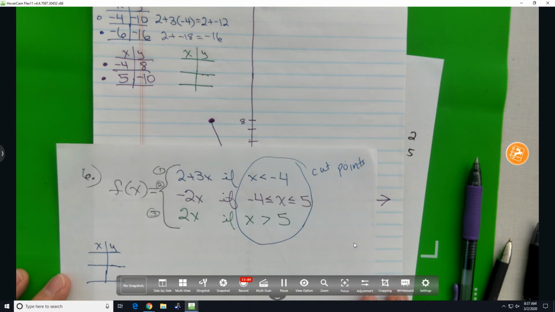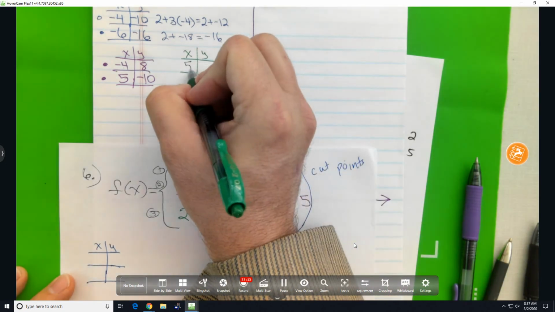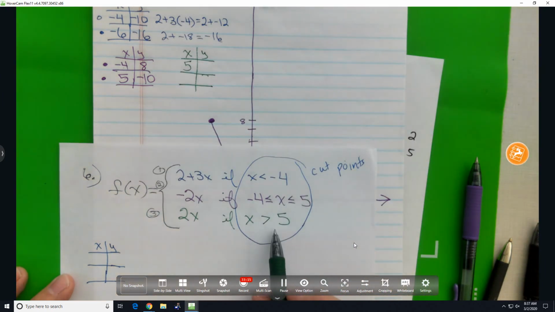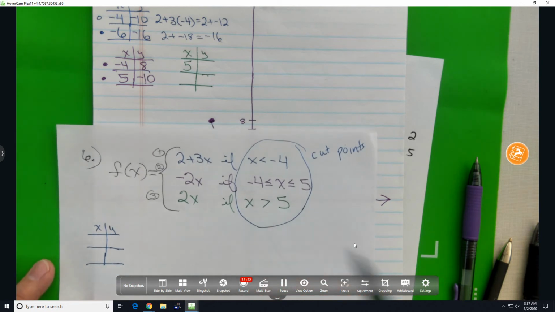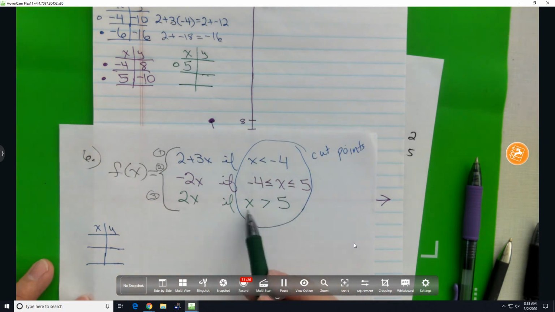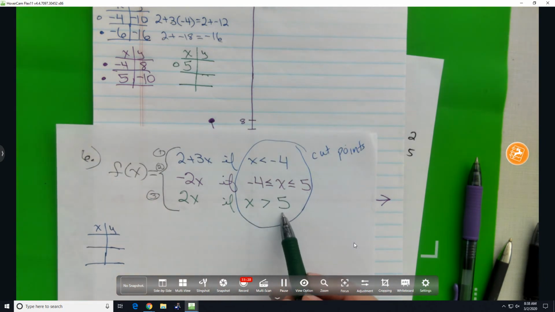What's the first number I'm going to plug in for x? 5. That's a cut point. It's going to be an open circle. There's no equality. Now we need another x value, one that's bigger than 5. Could I use 0? I always like to plug in 0. 0 is easy to plug in.